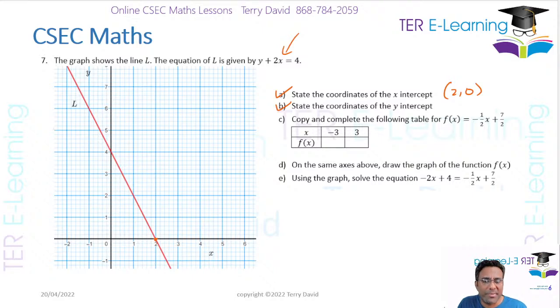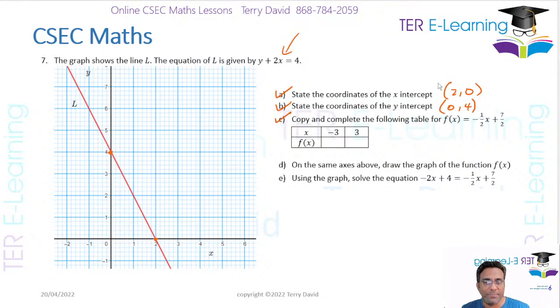So I'm seeing lots of people telling me 0, 4. Yeah, it is 0, 4. Look, it's cutting this point here. So that coordinate is going to be 0, 4, right? So I have a line, right? And I know what the x-intercept is and what the y-intercept is.